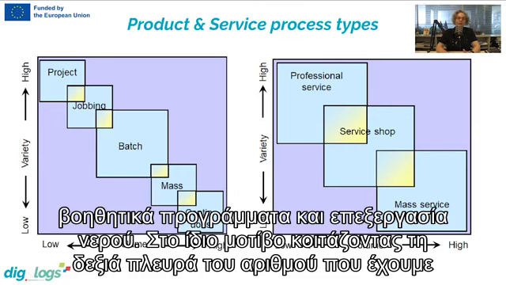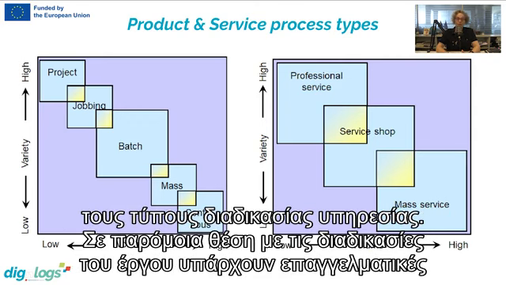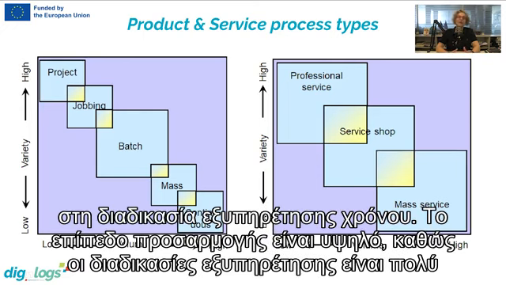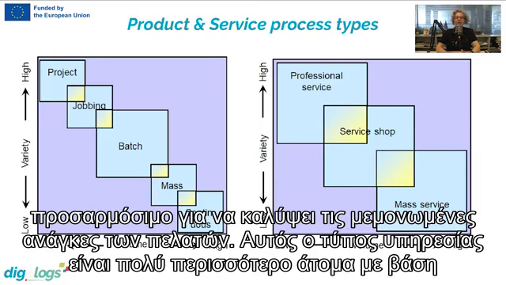In the same pattern, looking at the right side of the figure, we have the service process types. In a similar position with project processes, there are professional services. These are high contact processes where the customer spends a considerable time in the service process. The customization level is high, with service processes being highly adaptable in order to meet individual customer needs.